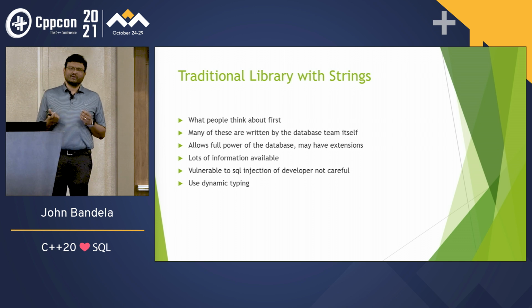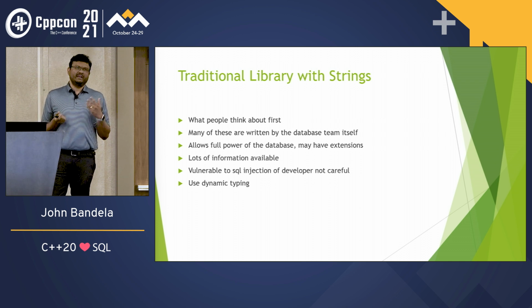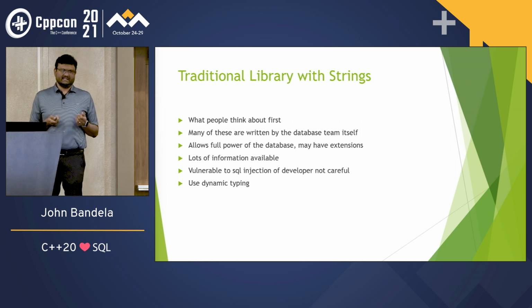So you can have parameter mismatches, like it requires one parameter and you didn't supply it. And when you get your row back, you get some type of variant or dynamic type, and you have to figure out whether it's a string or an integer and do some casting or type conversions.